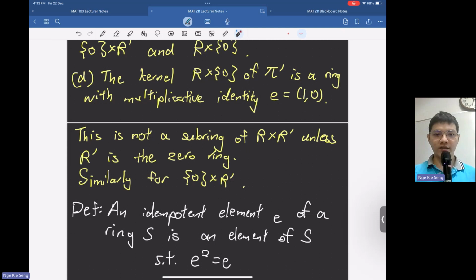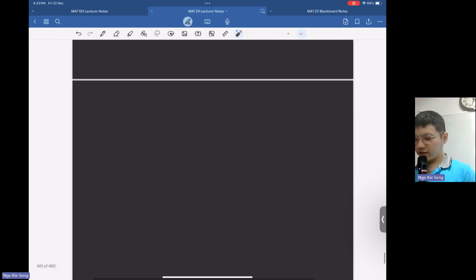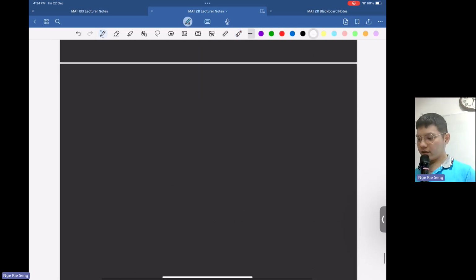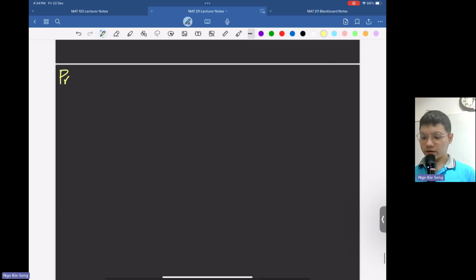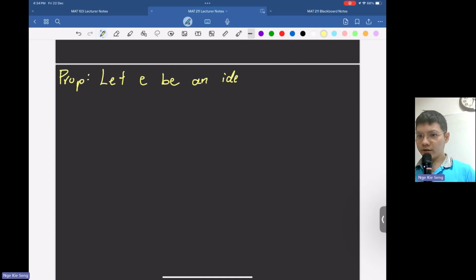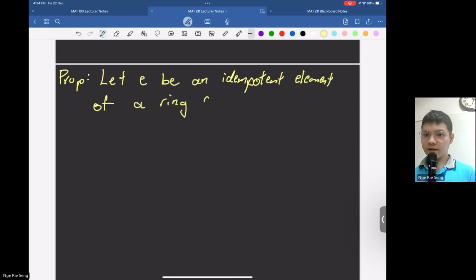Okay, let's see how important it is. This proposition is very important, particularly for your exam. So we have this proposition here. Let E be an idempotent element of a ring S, meaning E squared equals E. We can create another idempotent.